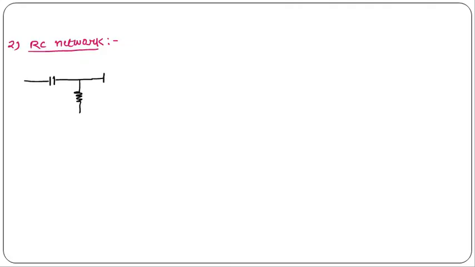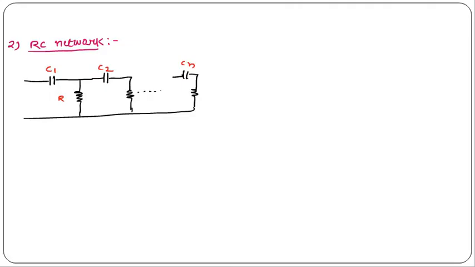Then again we have capacitor, and in the shunt we have resistance, and so on, it will keep on repeating. This is the general circuit for RC network. Elements are, this is C1, this is C2 and this is Cn, and this is R1 resistance, this is R2, and this is Rn.